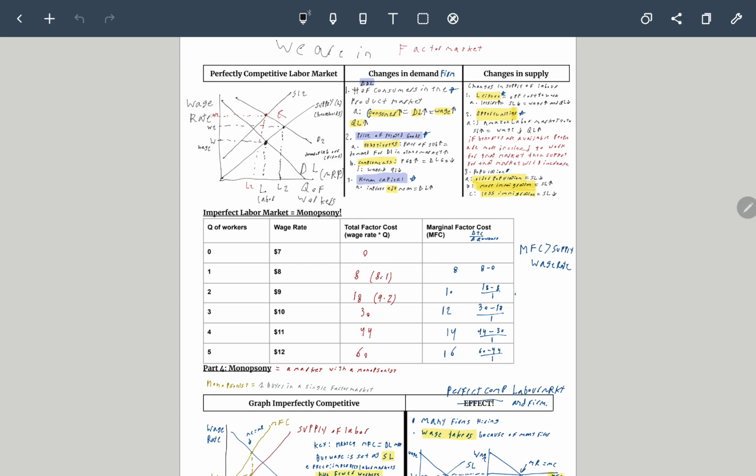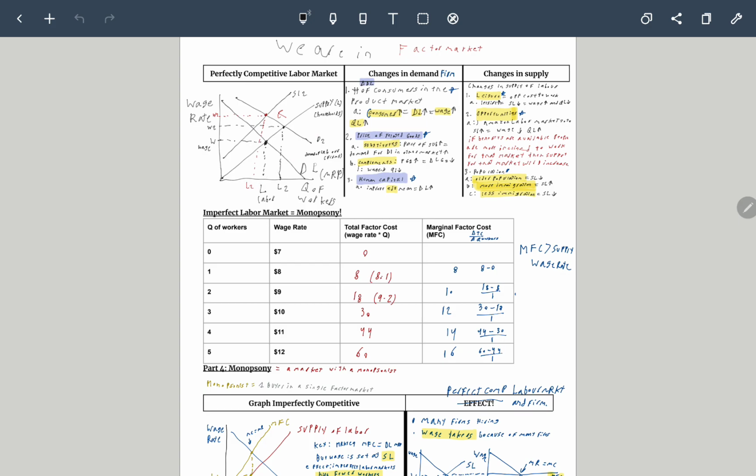It has a wage rate on the y-axis and a quantity of workers on the x-axis. And it has a demand for labor, which is downward sloping and characterized by marginal revenue product. And we have an upward sloping supply of labor, which is our households.